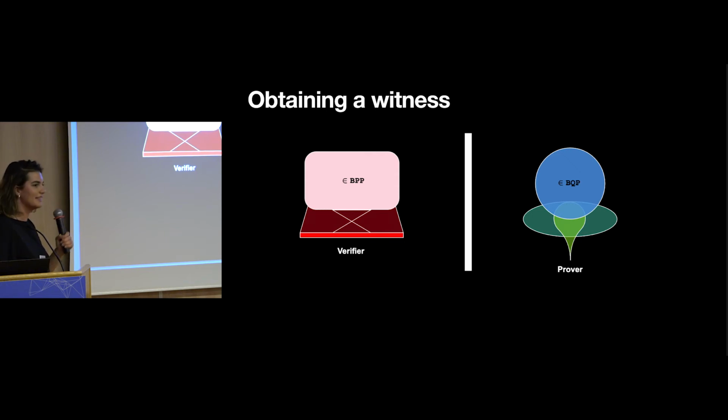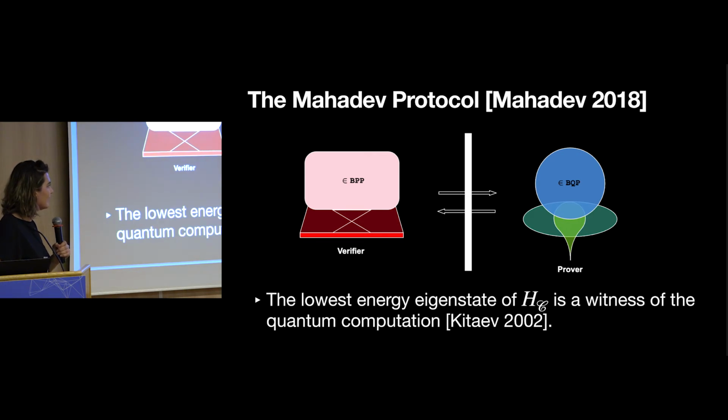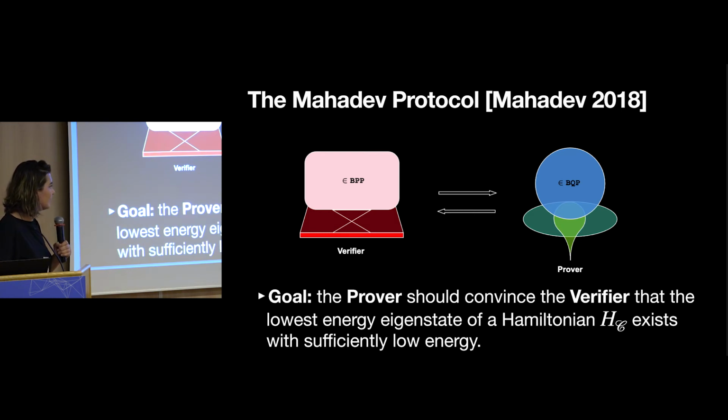So here I have this computational barrier, and interaction here helps us recover this lowest energy eigenstate. The verifier is convinced by the prover that somewhere in its Hilbert space, the prover contains this sufficiently low energy eigenstate. And through this interaction, the prover should convince the verifier of this.